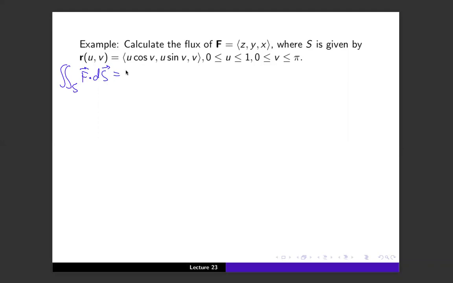This is the flux. Double integral over D of f of r(u,v) dot r_u cross r_v dA.